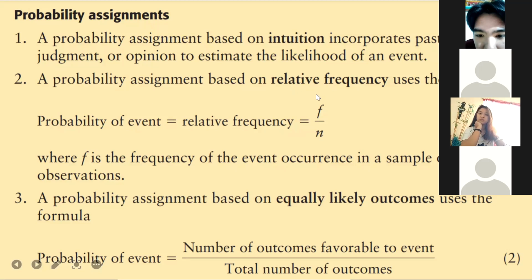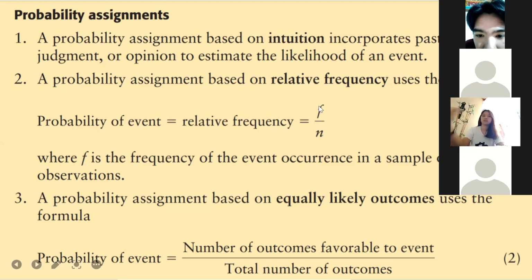Halimbawa yun sa colors, yung sa M&M. Ilan yung blue doon? Halimbawa, ang blue ay 3 and the total number is 20. 3 out of 20. You can use that, okay, to get the probability of getting a blue in M&M. 3 over 20. So again, we can represent probability in a fraction form or decimal or in percent form.